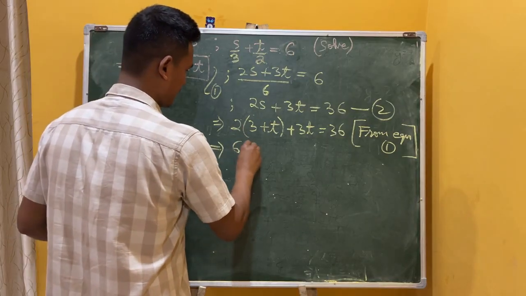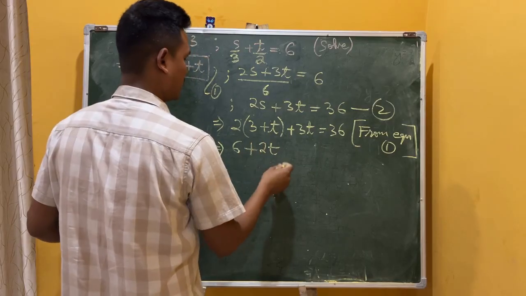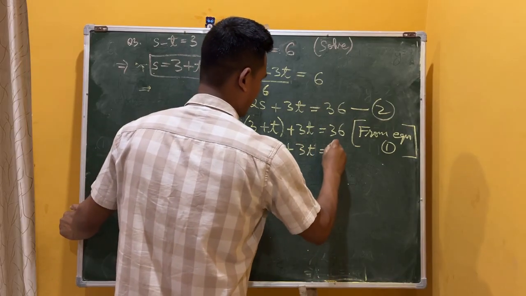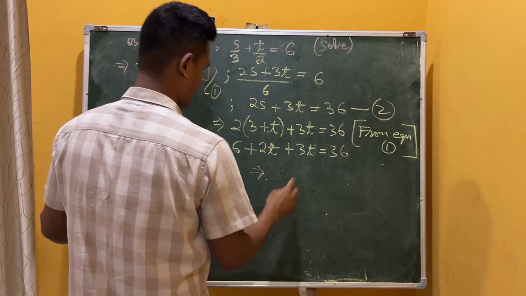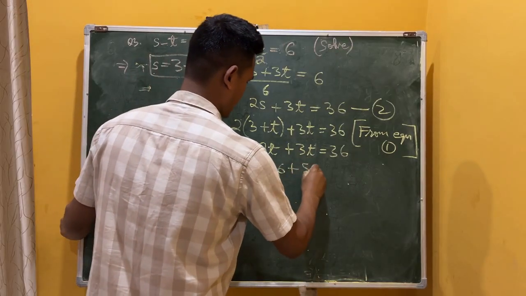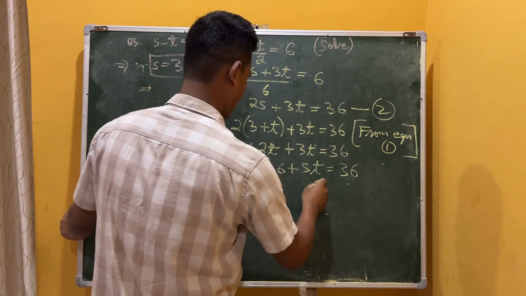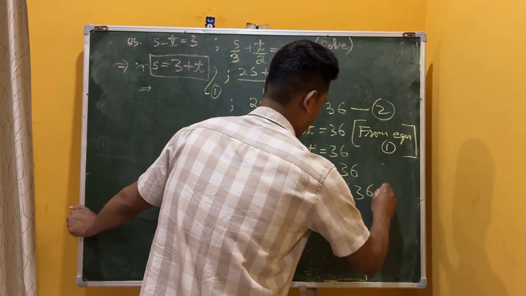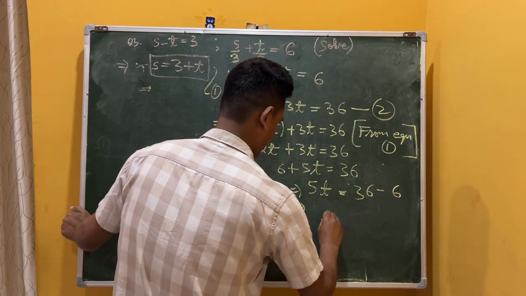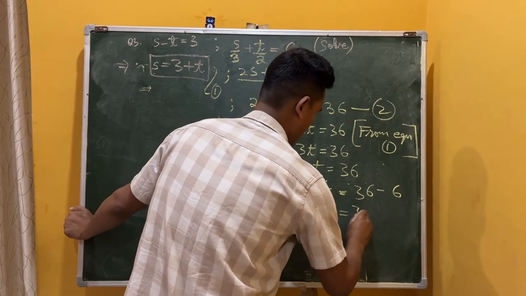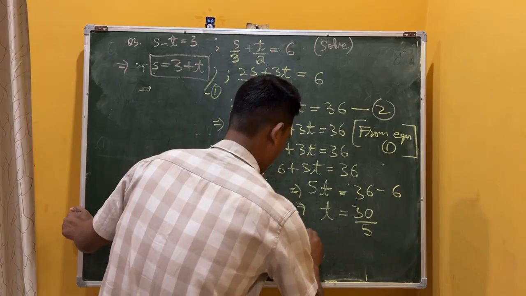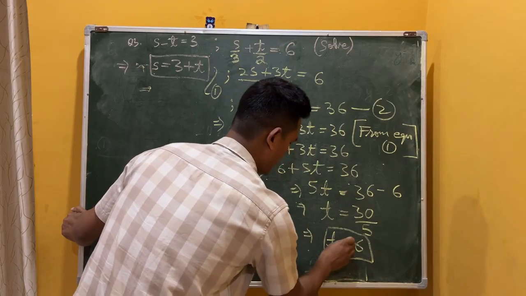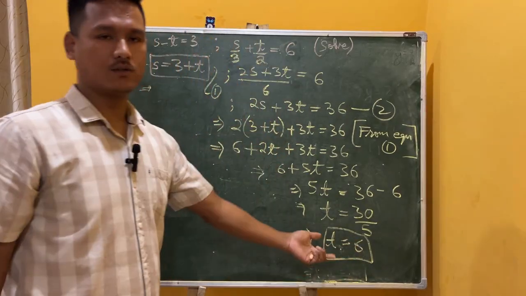So this becomes, so t equals to 6, right?